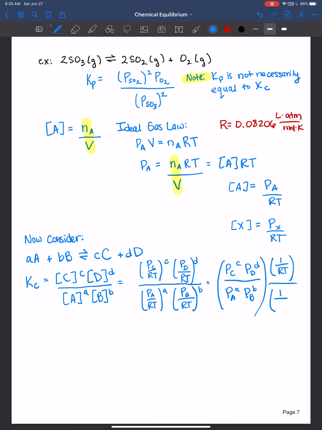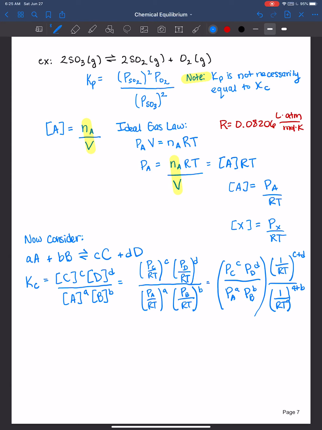And also combine the 1 over RT terms here. And when we pull out these terms, 1 over RT, 1 over RT, and combine them, because they were multiplied together, then we would add up their exponents. So this would be C plus D, and this would be A plus B.